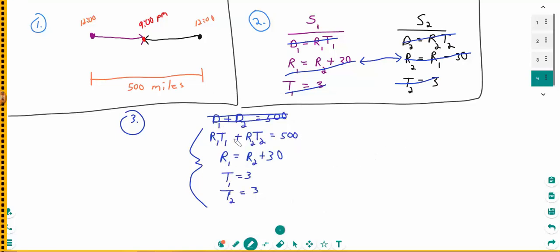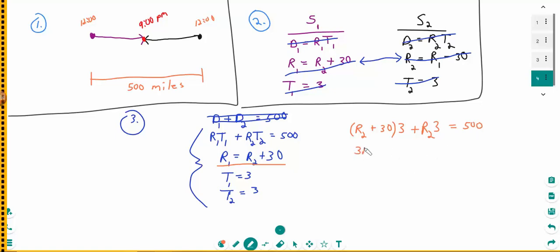So if we plug in for R1, according to this, R1 is R2 plus 30. So we have R sub 2 plus 30 plugged in for R1 times T1, which we know is 3, plus R2, we don't know what R2 is. That's our variable. T2 is 3. Is equal to 500. Now we can do some multiplying out here.